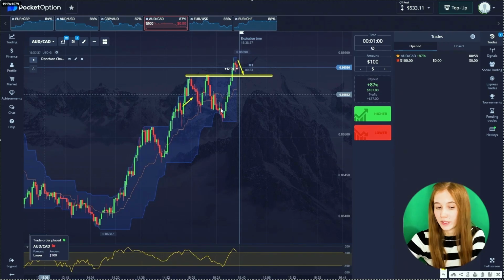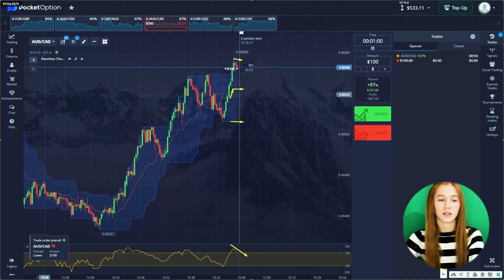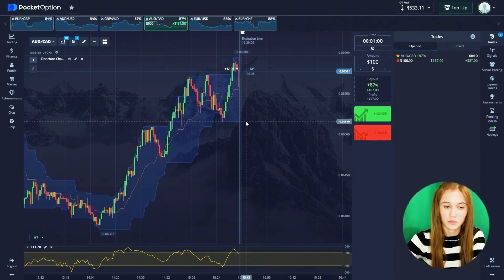We should rapidly open the deal. I think the reversal will not be as big as the previous one. On the second indicator, the same situation.